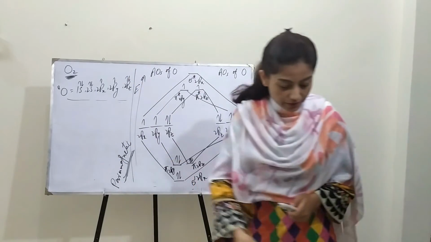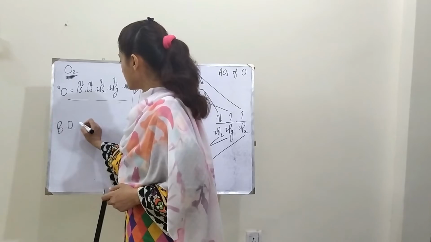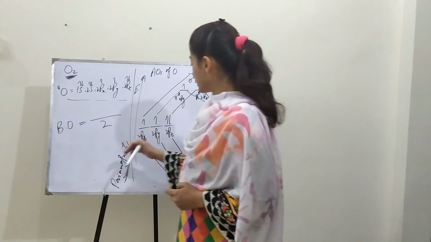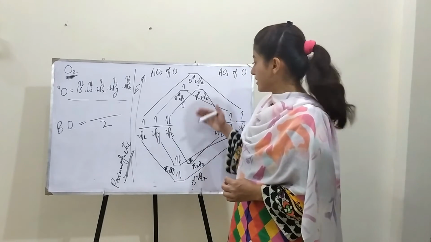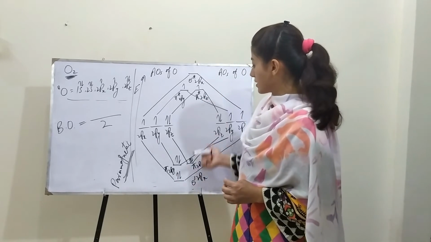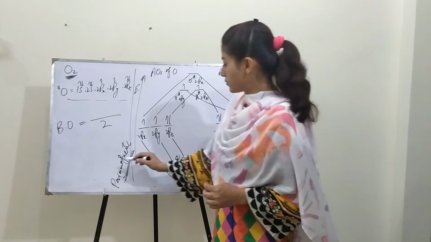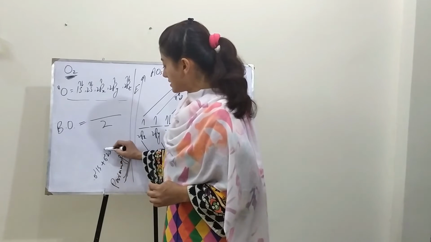And its bond order, as you already know, is half of the difference between the number of electrons in bonding molecular orbitals and the number of electrons in antibonding molecular orbitals. So 4 were in sigma 1s and sigma 2s.